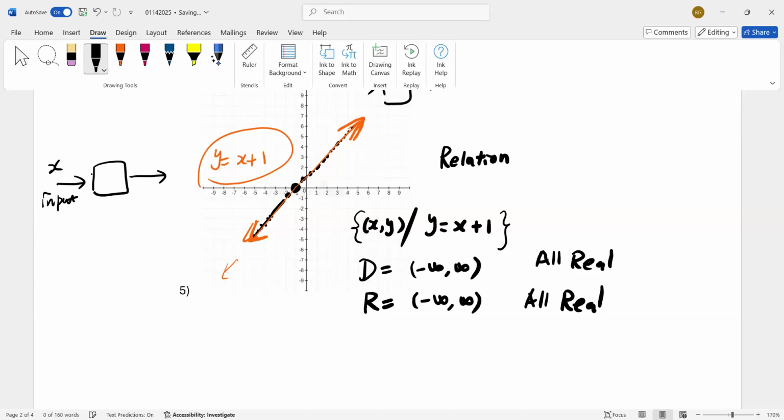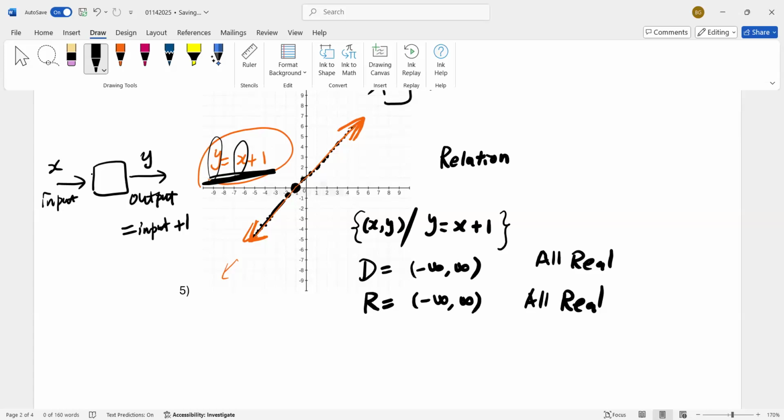The machine will produce exactly one output because the output is always equal to the input plus 1. This equation determines this relation. This graph is a function because x represents the input, y represents the corresponding output. So whenever you give the machine an input, the corresponding output is always one more than the given input.